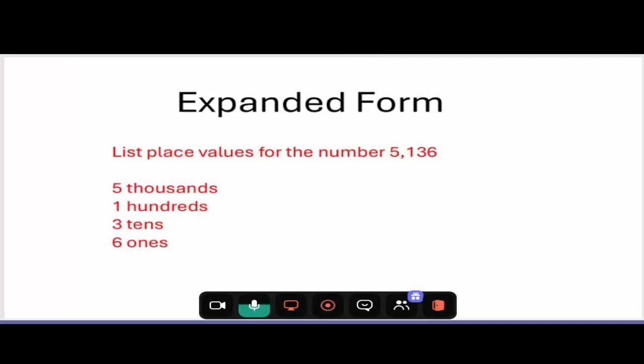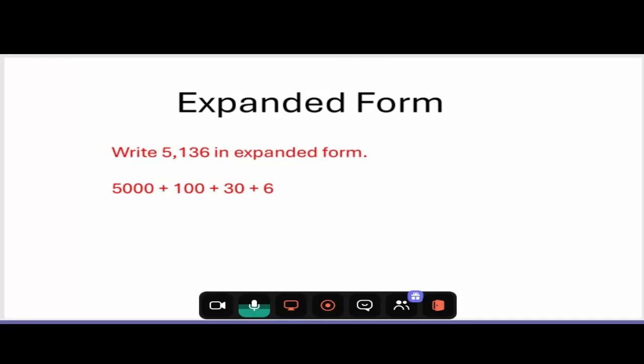So in expanded form, we recognize that this number has 5 thousands, 1 hundred, 3 tens, and 6 ones. And so we write it in expanded form like so: 5,000 plus 100 plus 30 plus 6. If you add those 4 numbers together, you get 5,136. So we've separated out each of the place values and show what it actually means.